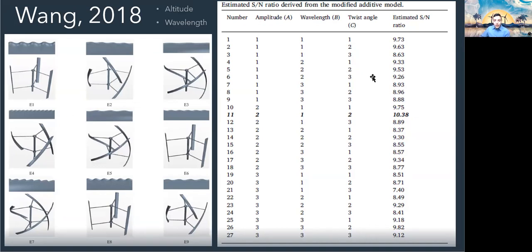And you can see there's several combinations that were done. These types of plates are called helical vertical axis designs. And you can see over here, this is amplitude of 2, wavelength of 1, and twist angle of 2, and it produced an SN ratio of 10.38.